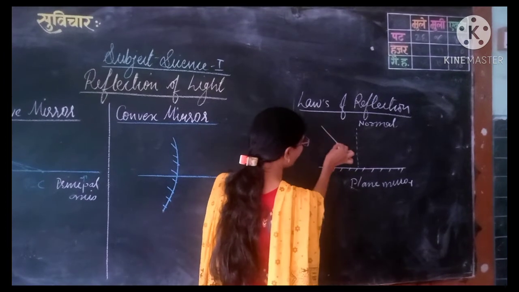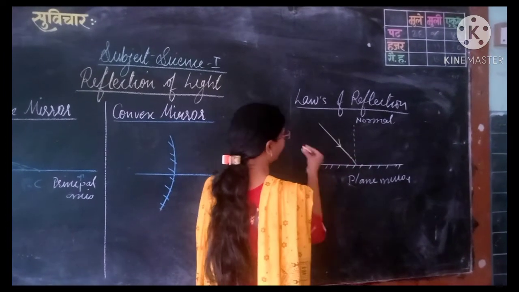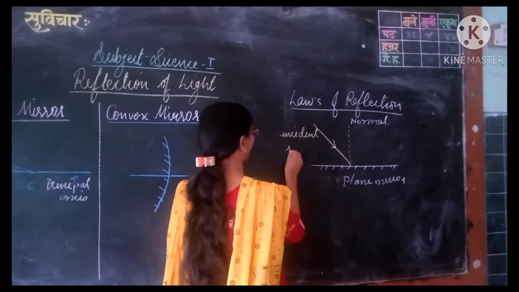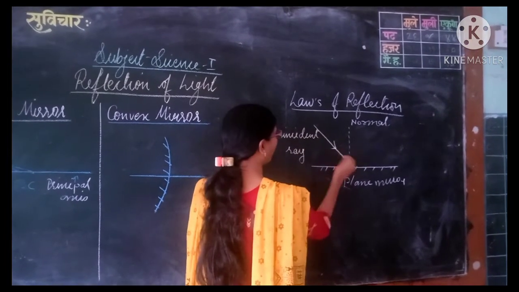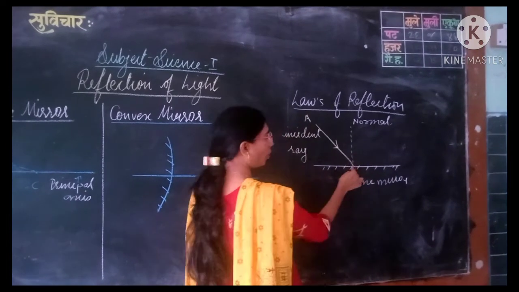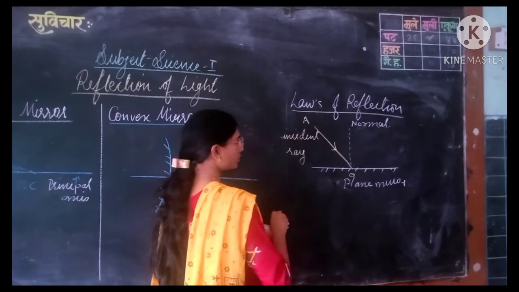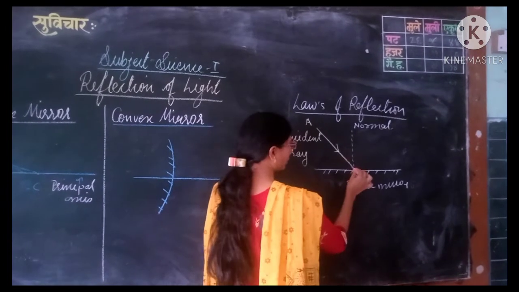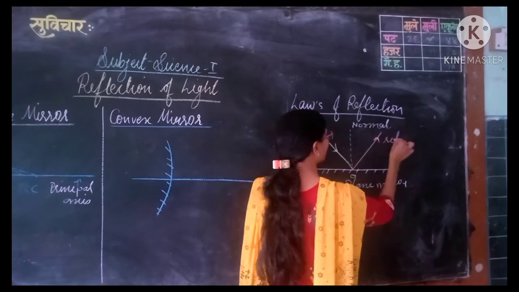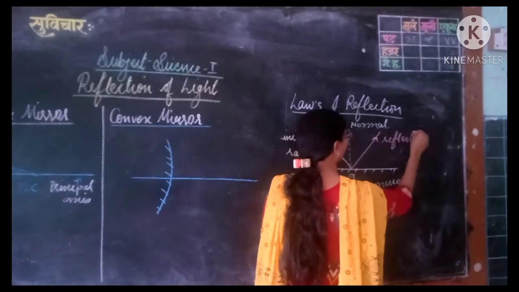Suppose this is an incident ray which falls at the point O on the plane mirror. So after that it gets reflected. So this is the reflected ray.